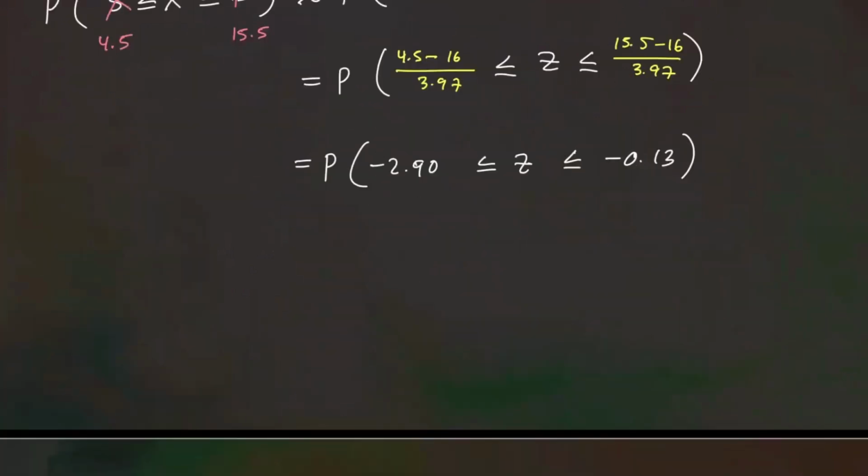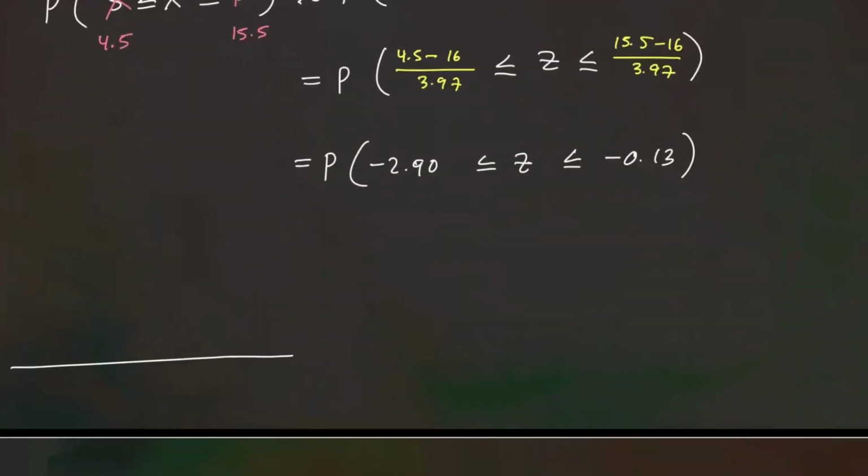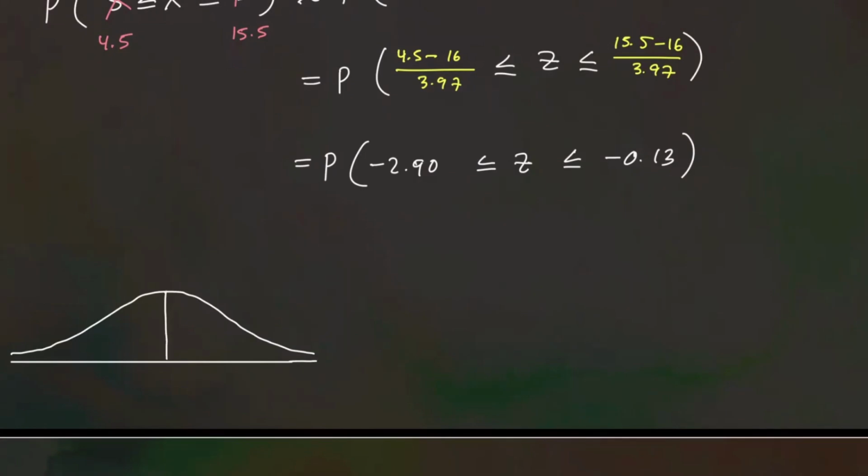Now let's draw the normal curve and see what it is that we're looking for, so we can figure out the geometry of the curve. So we know our normal curve looks like this, something like that. We know 0 is right in the middle. This is our z-axis. Now negative 2.90, let's say it's all the way here, just estimating.